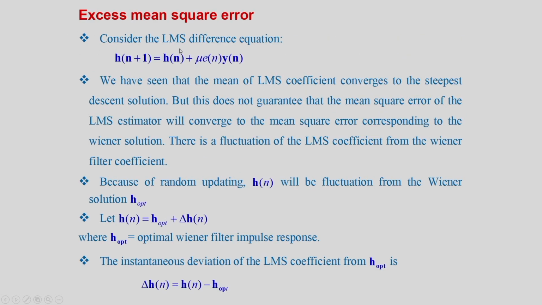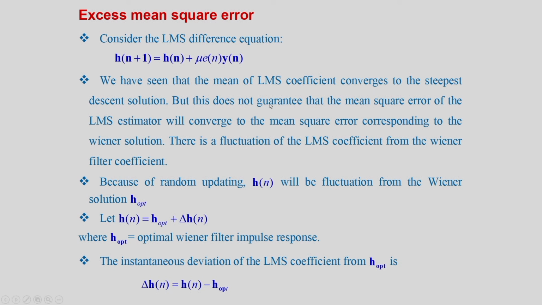Let us consider the LMS difference equation. H sub n plus 1 is equal to Hn plus mu E n into Yn. We have seen that the mean of the LMS coefficient converges to the steepest descent solution.